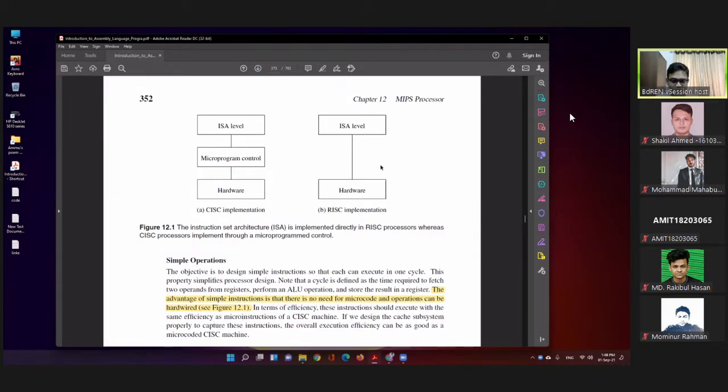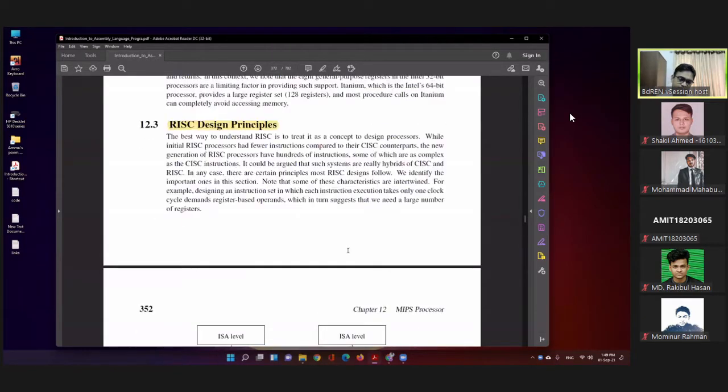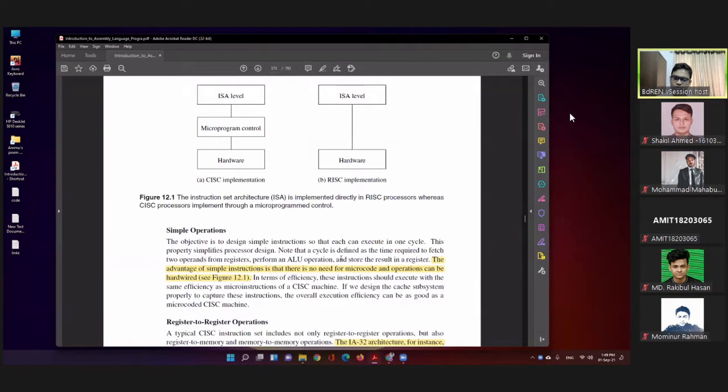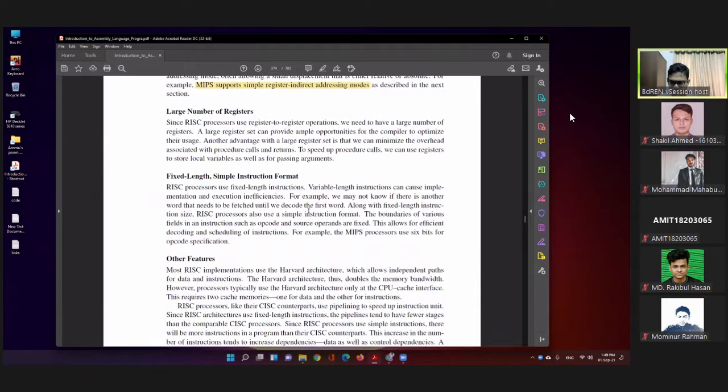So in the future, let's say after 5 years, after 10 years, you will see all of the microprocessors will be this type because this is simple. All right, so let us discuss. There are six principles, or six features, we have in this RISC type of microprocessor.